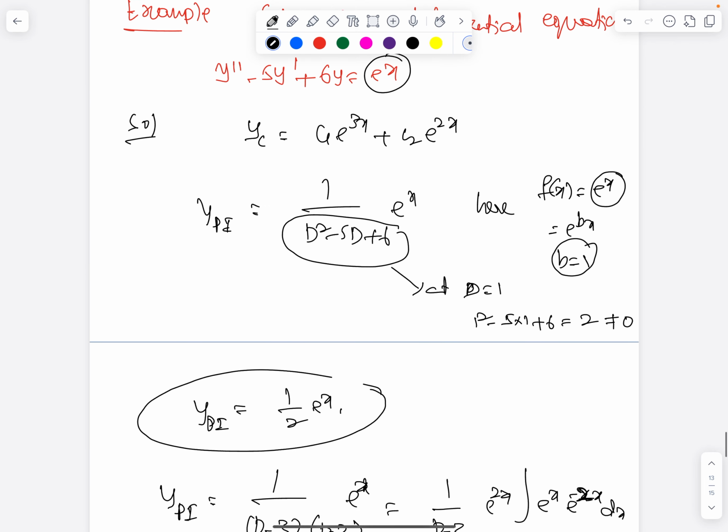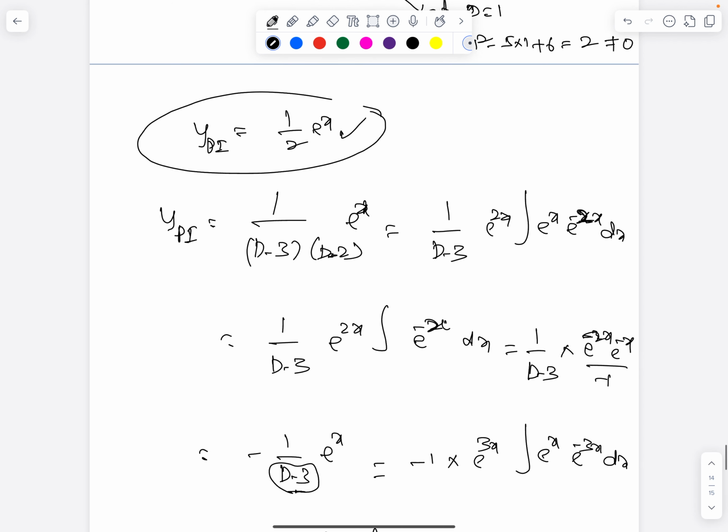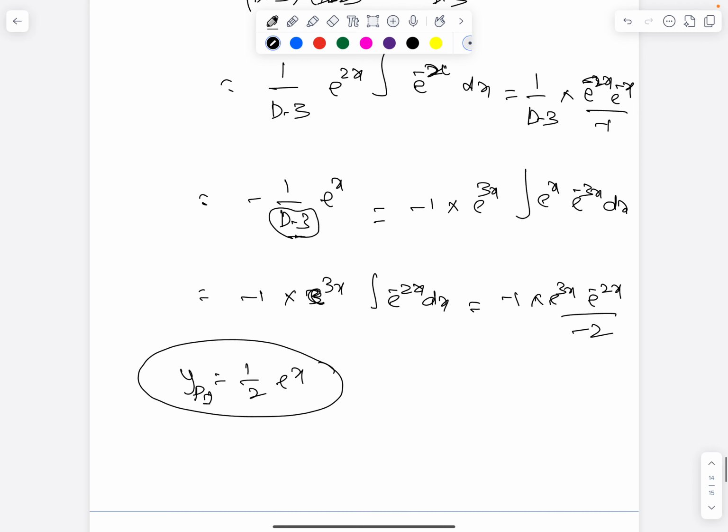Whenever that is not 0, directly substitute, replacing the derivative terms by the coefficient of x. Here, whenever the exponential form is there, the coefficient of x is 1, and you have identified this is non-zero, therefore you have concluded the solution is this. This is very quick, very easy to handle, and this is the first case.